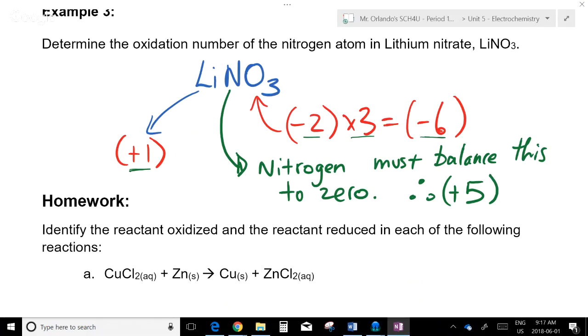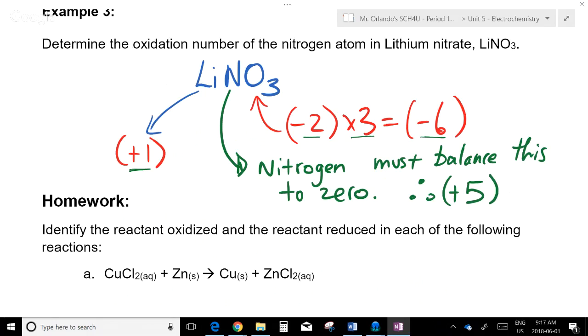Now you might ask, why are we doing this? Why are we doing this? What do you mean nobody's asking? I'm asking. Why am I here? The answer is that in our next lesson, we're going to start looking at complex reactions and seeing in that reaction what is oxidized and what is reduced.